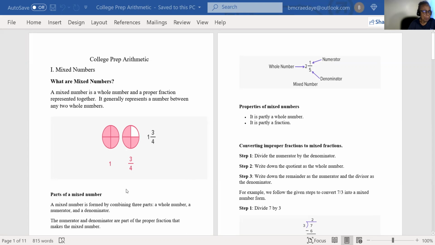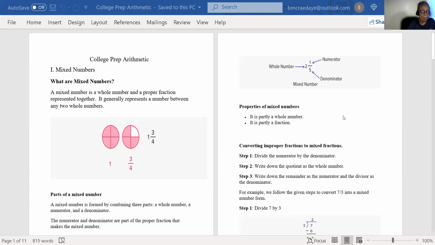So a mixed number has a whole number, numerator, and denominator. You can see it over here on this diagram. Whole number is 2, numerator is 1, denominator is 5.